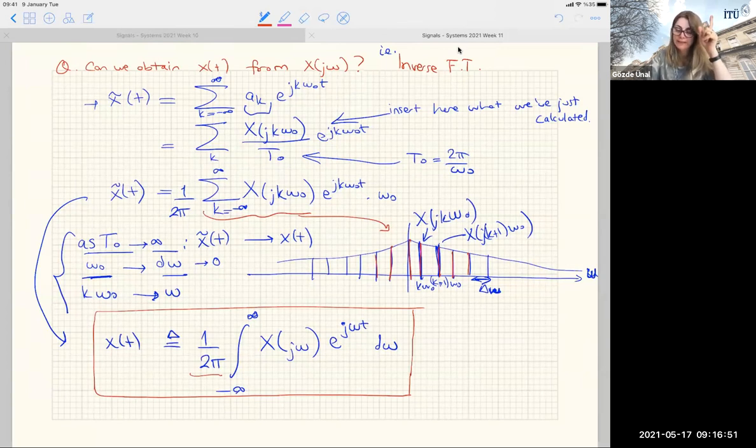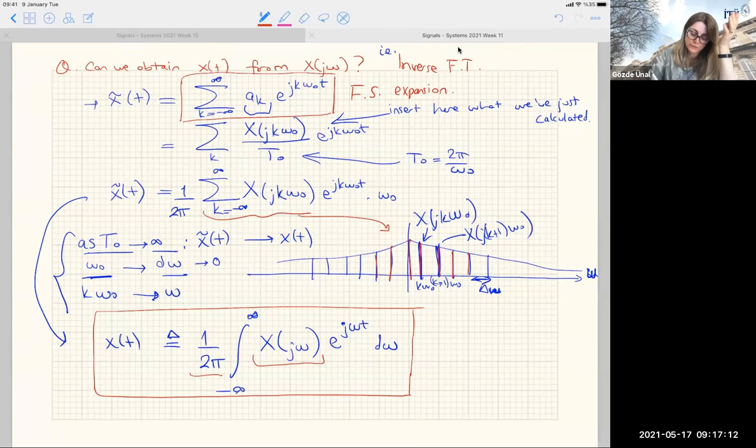We went from the sum to an integral. This was the Fourier series expansion. So these are like my Fourier series coefficients, but now for a non-periodic signal, of course.